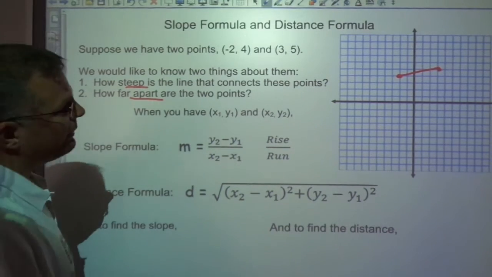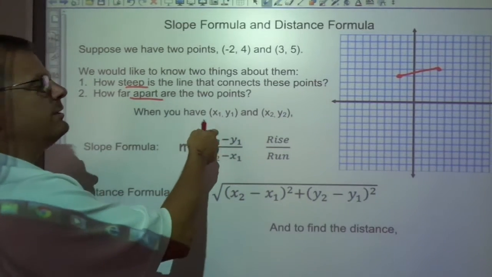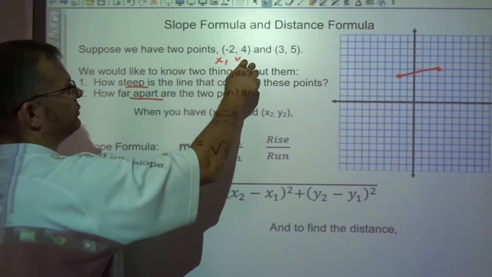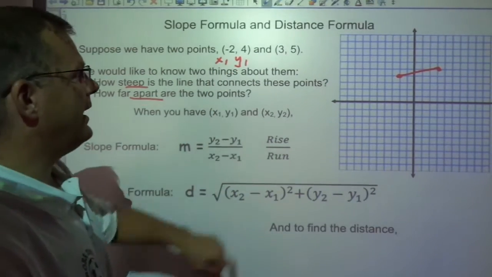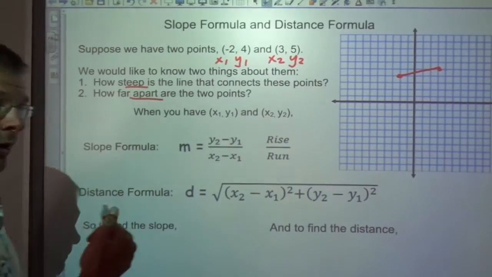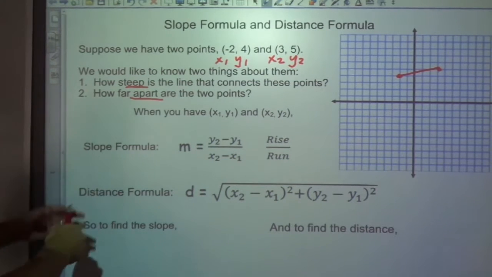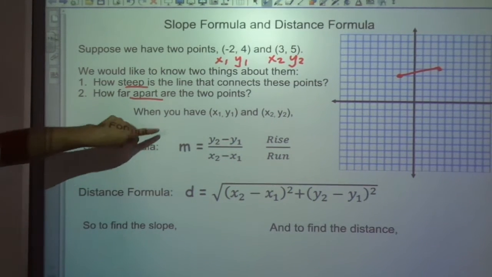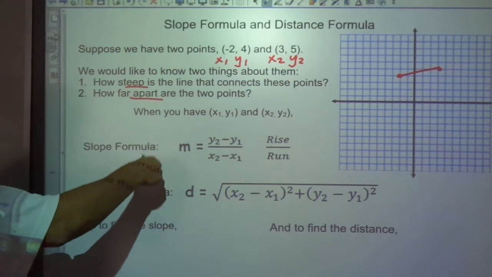Our coordinates are always in the format x1, y1. So let's first label here x1, y1, and x2, y2. The first x and y, the second x and y. Now the slope formula, to tell us the steepness, you can write this down. It's always m, which stands for slope.